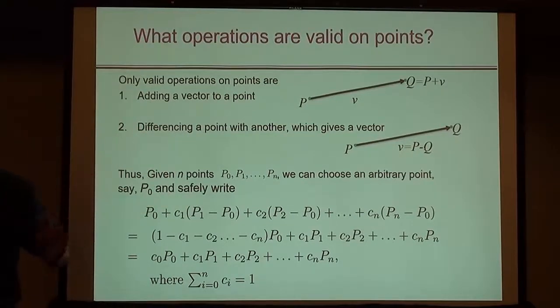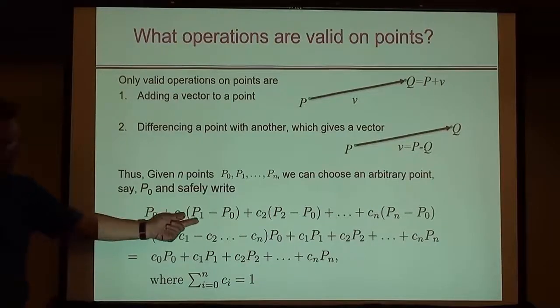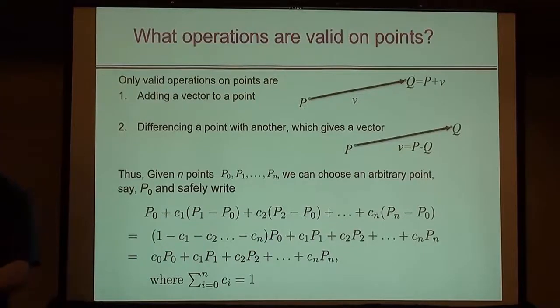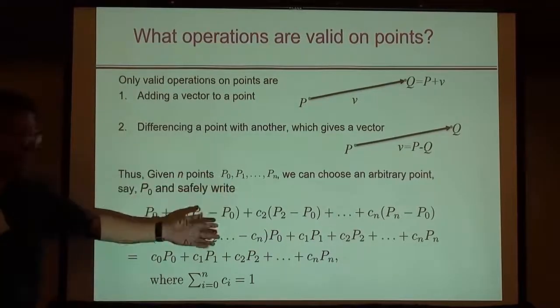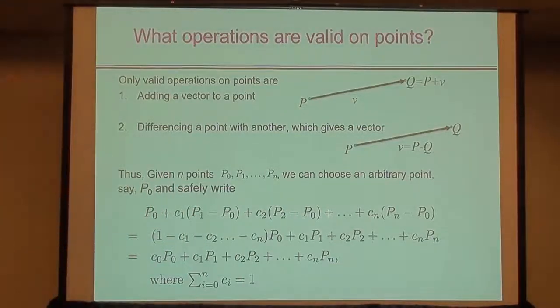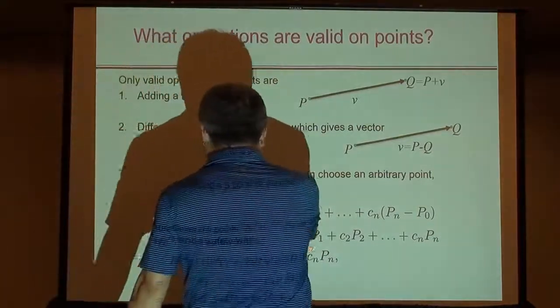We know what a vector is, but we don't know what a point is, okay? But this is the logic that we go through. Assuming this is a point, and we represent a vector as a difference of two points, we add them up. It doesn't matter how many you add, you can add as many as you want. So we write them in this form, okay?